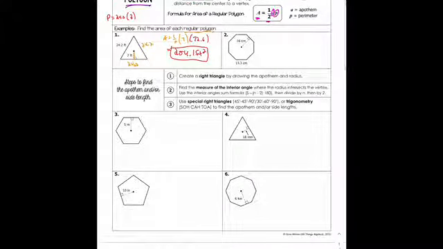Same with number 2. If it gives us the side, 13.3, it's a regular polygon, which means this is 13.3, this is 13.3, so on, so on, so on. And how many sides are there? 1, 2, 3, 4, 5, 6, 7, 8. So it's an octagon. So our area is going to be 1/2 times the apothem, the distance from the center perpendicular to one of the sides. So that's 16 times the perimeter.